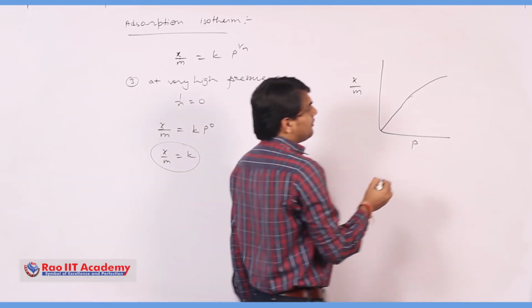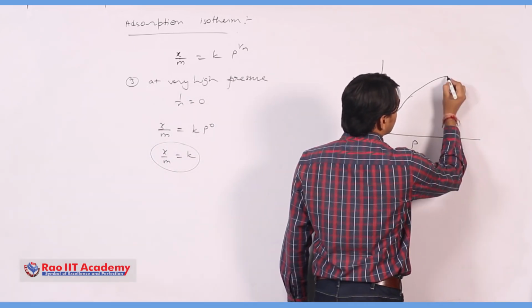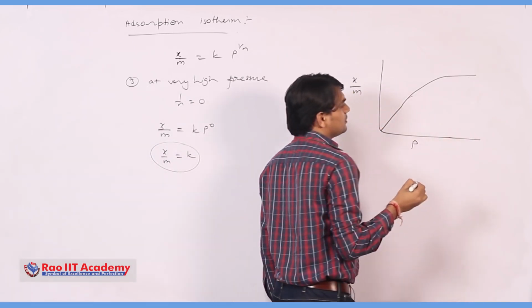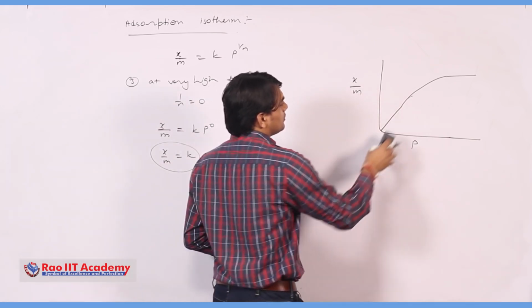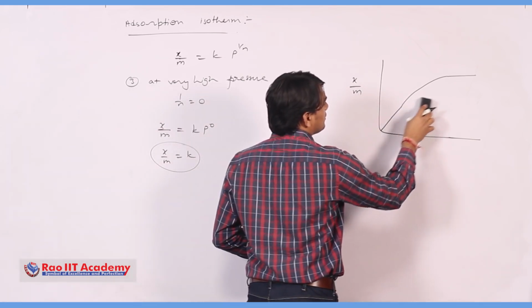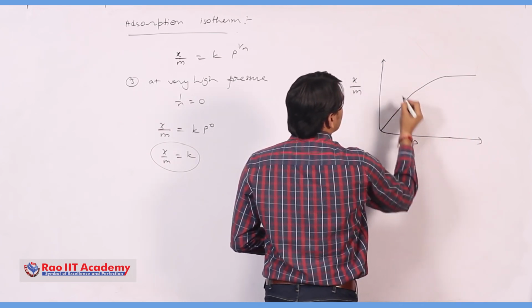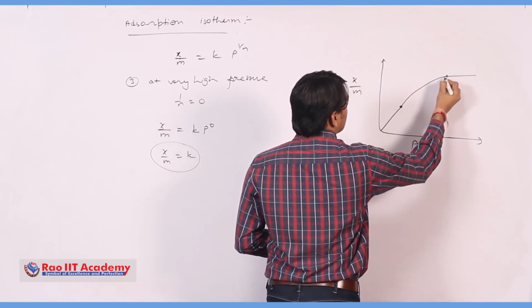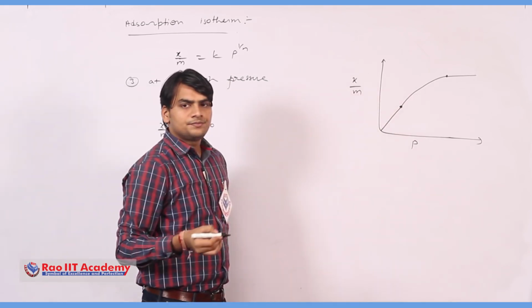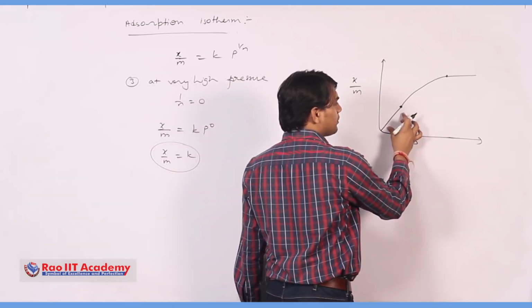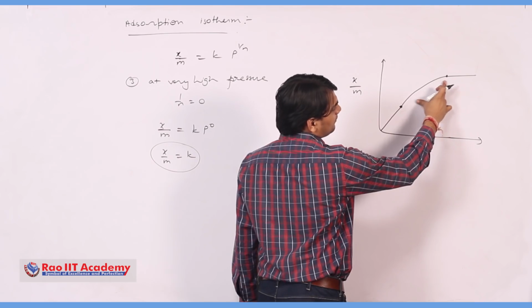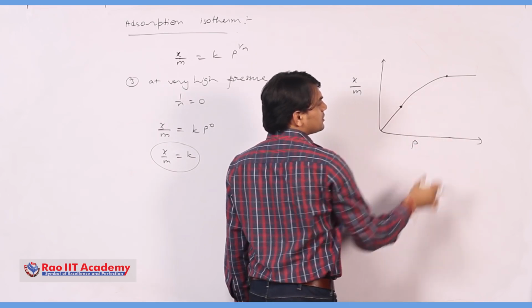So, at very high pressure the effect of pressure is nothing, and the extent of adsorption becomes constant. So, basically we got three parts in this isotherm. Initially it is directly proportional, then it is decreasing with increase in pressure, then becomes constant at high pressure.